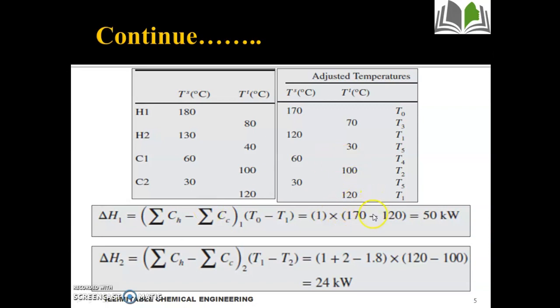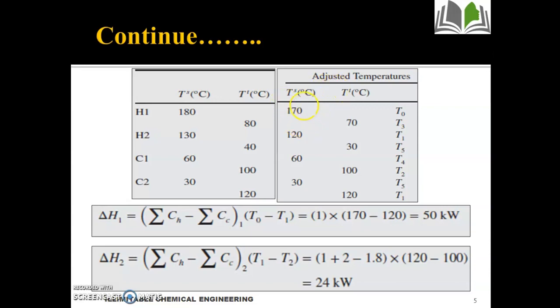In the 170 to 120 interval, how many streams are included? You need to see that from the adjusted temperature table: in 170 to 120 only the H1 stream is present.